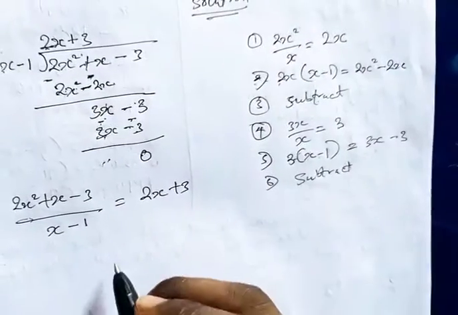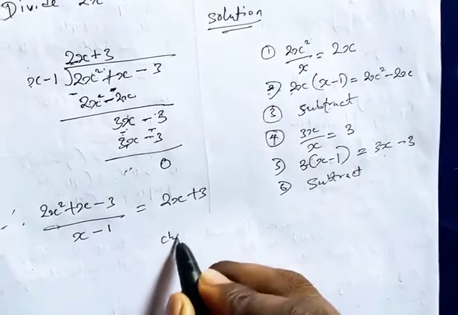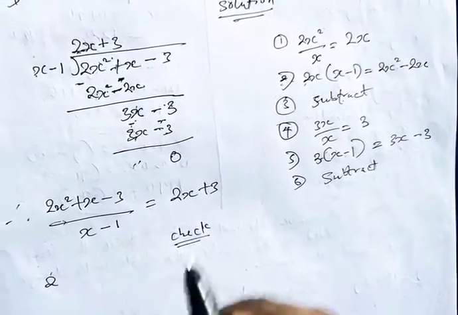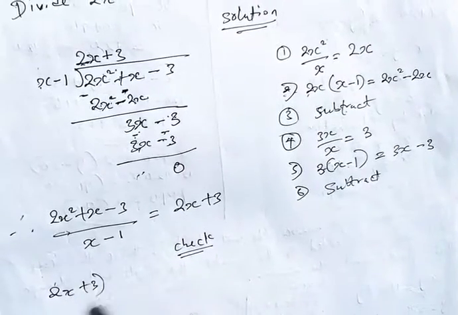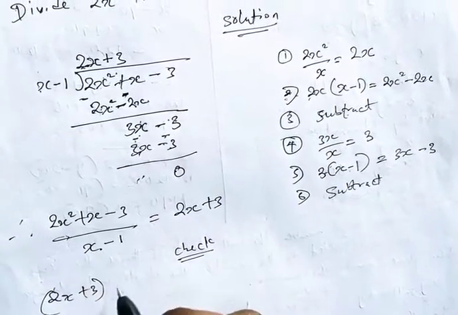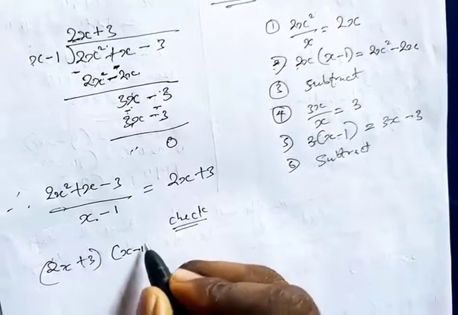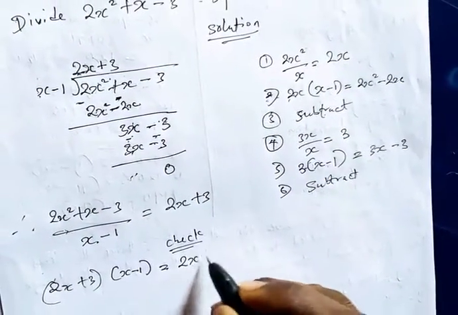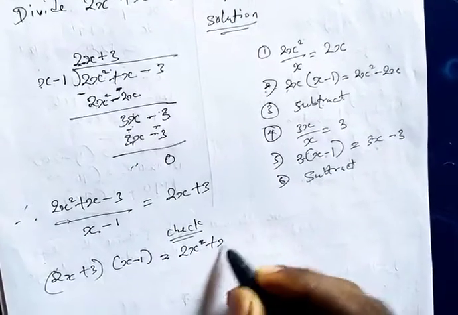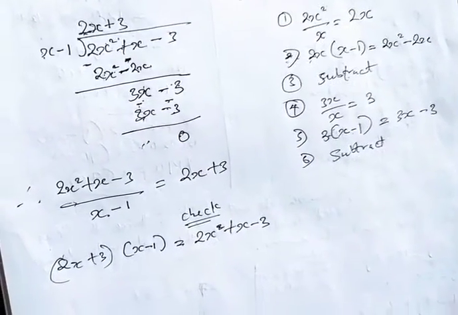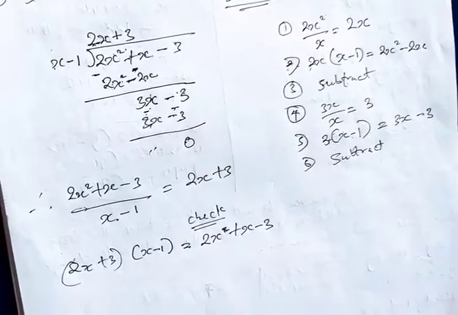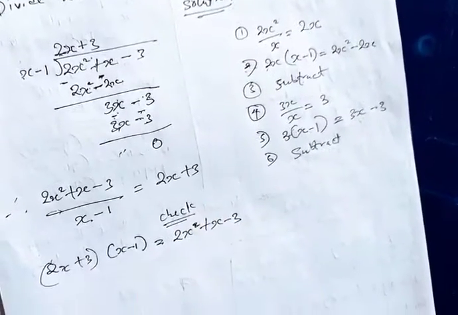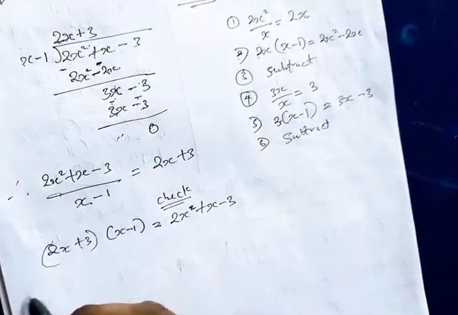So if you check to see if you are correct, you will discover that 2x plus 3, which is my answer, multiplied by the divisor x minus 1 must give us the dividend 2x squared plus x minus 3. So let's take another example to get a clearer understanding of what we are trying to do here.